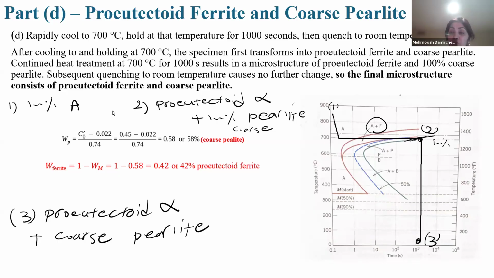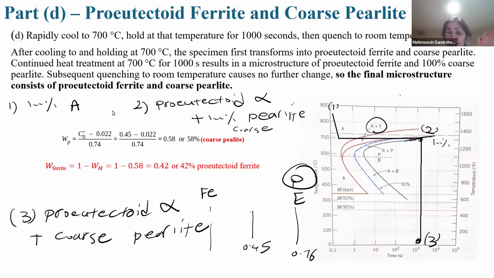Again, we use the lever rule that we had in the phase diagram for the weight percent of the alpha and coarse perlite. Again, we are at 0.45, and 0.76 is the eutectoid. We are here, and here is the ferrite, or we say here is perlite, or maybe in the TTT diagram it converts to martensite, bainite, or something. All of them is related to the proeutectoid ferrite here.